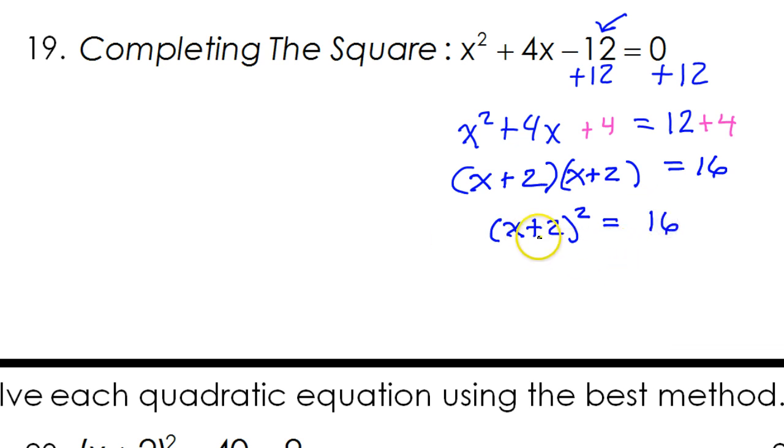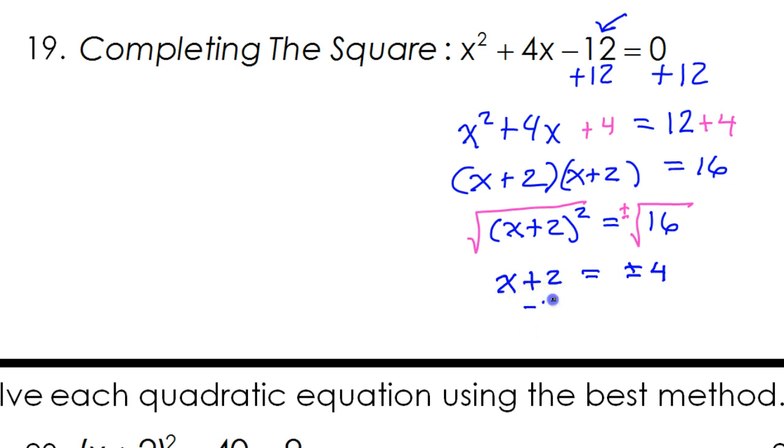Alright? Now, to unsquare the parentheses, we can use our square root. So we'll take the square root of both sides. Don't forget your plus or minus. Okay, that's going to give us x plus 2 is equal to plus or minus 4.